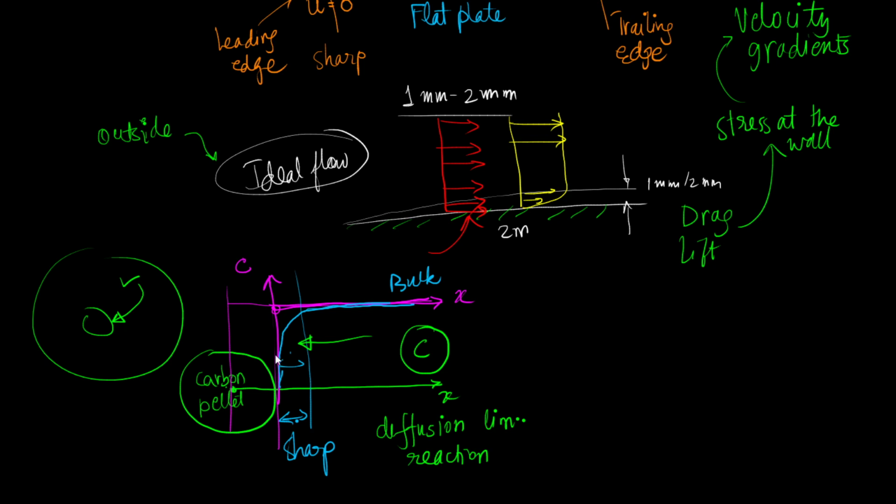The reaction rate is purely dictated by how much mass you can bring to the vicinity of the carbon pellet. But it is only being brought about by diffusion, so the reaction rate is completely limited by diffusion. So again, this is an example of a boundary layer. A layer in which there is a sharp variation in the property, but outside that particular layer everything behaves as if the carbon pellet is absolutely absent.